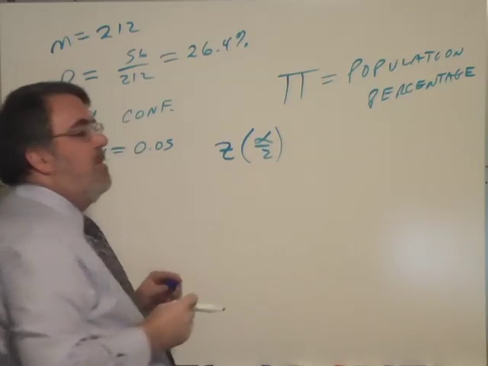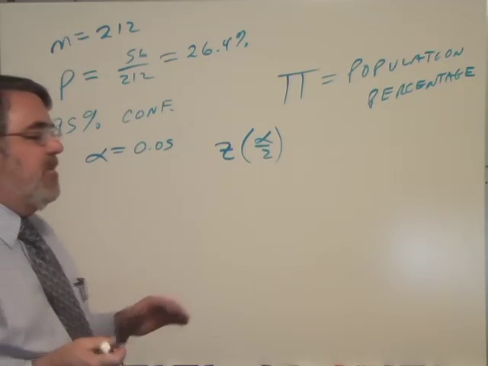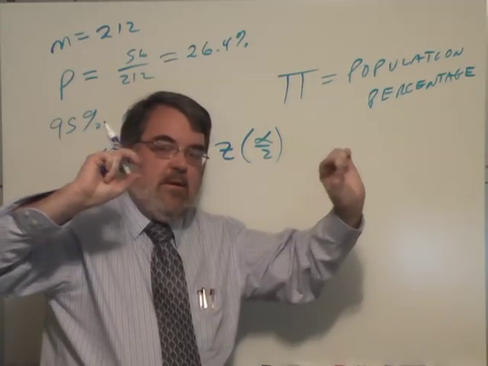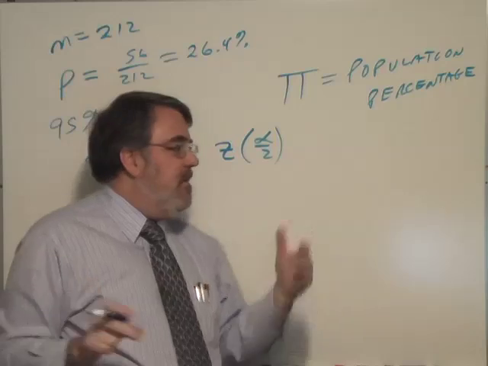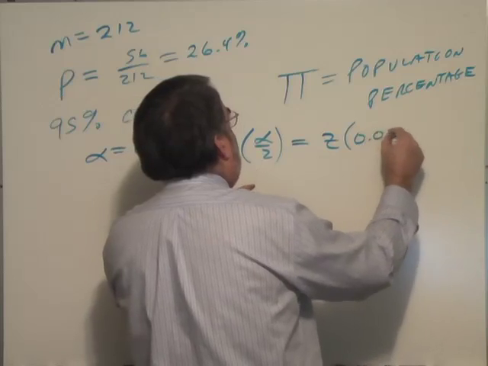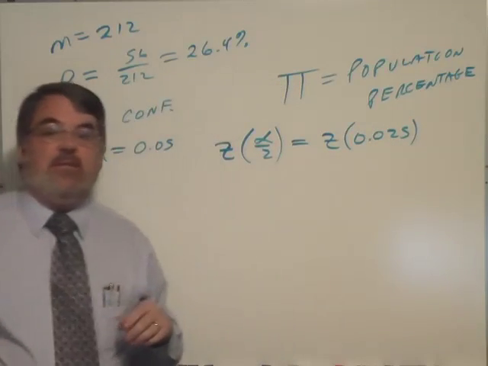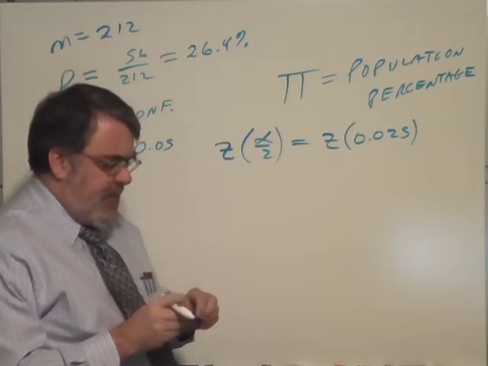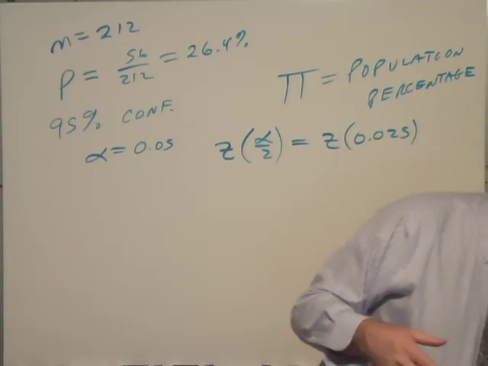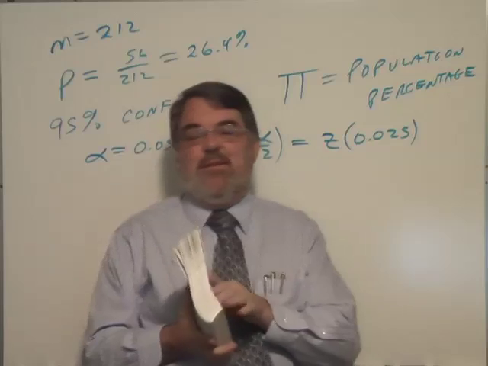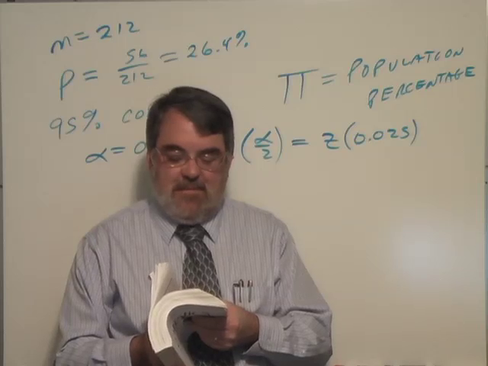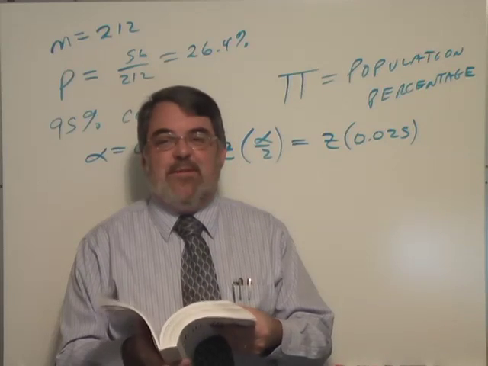So what I need is the z-score associated with half of the alpha. In other words, again, it's a two-tailed test. We take the alpha type 1 error divided by 2. Those are these tails. And in this case, it would be the z-score based upon a probability of 0.025. Well, it takes a little longer to find a z-score using the chart on page 649. But if you look on page 648, there's a little tiny chart that works perfect for this situation.